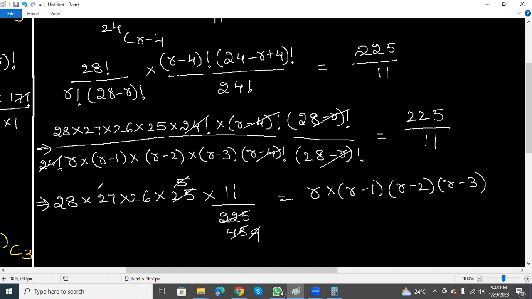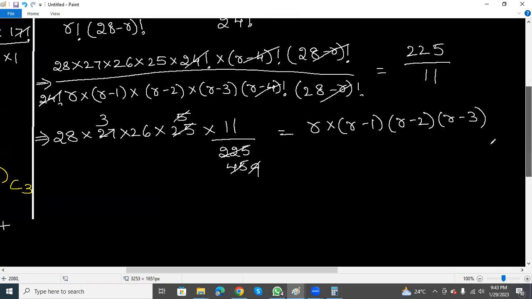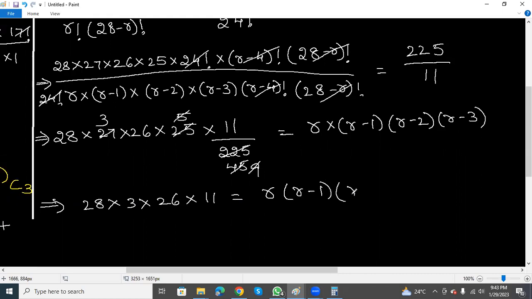This 9 can cancel with 27, since 9 threes are 27. So nothing is left in the denominator. Now we got 28 into 3 into 26 into 11, which is equal to r into (r minus 1) into (r minus 2) into (r minus 3).